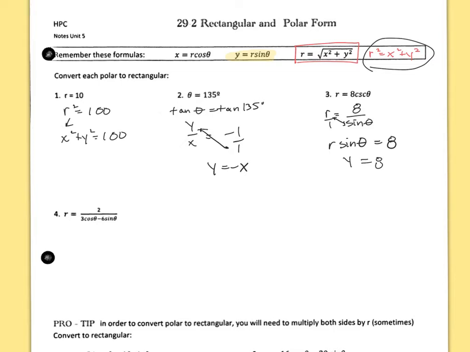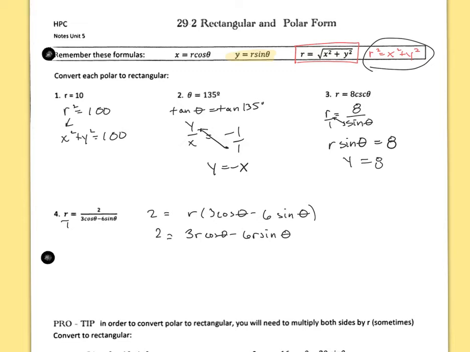Pretty simple. All right, so this one looks a little bit crazier. We can just go ahead and cross multiply. If you go one direction, you get a 2, and the other direction you have r times 3 cosine theta minus 6 sine theta. If you distribute the r, you get 2 equals 3r cosine theta minus 6r sine theta.